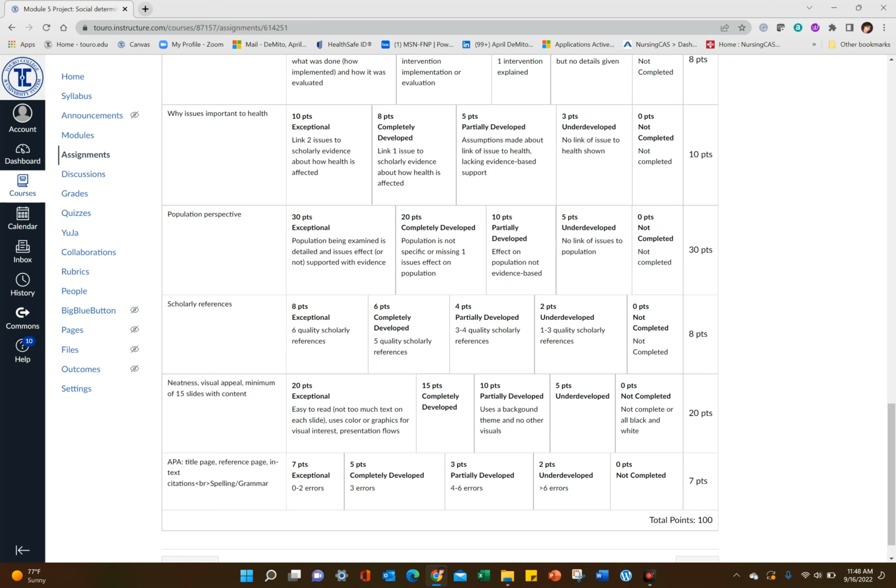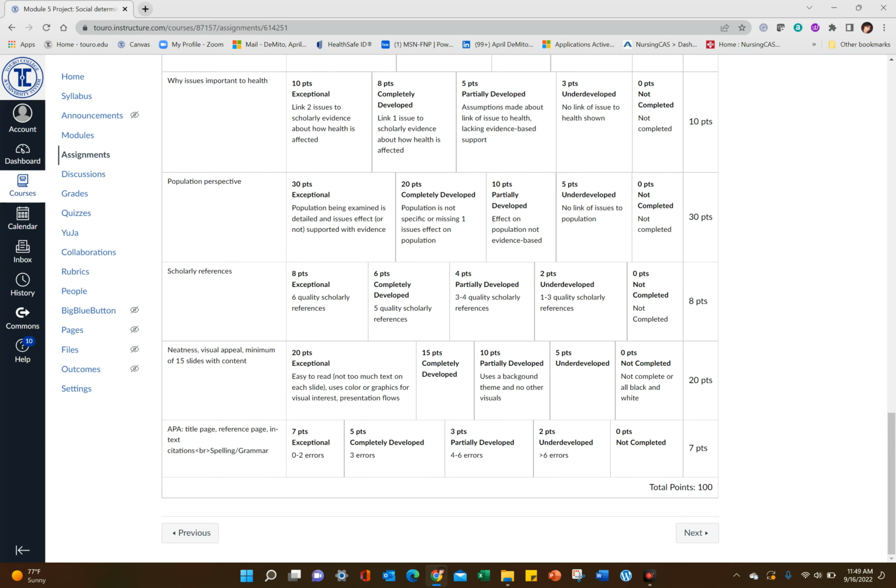Okay, so you are going to be detailed when you are doing this because you want to get those 30 points. Let's look at the next one. Oh, this is a big one. 20 points. Neatness, visual appeal, minimum of 15 slides with content. So it's easy to read, not too much text. You use colors and graphics appropriately, and the presentation flows.